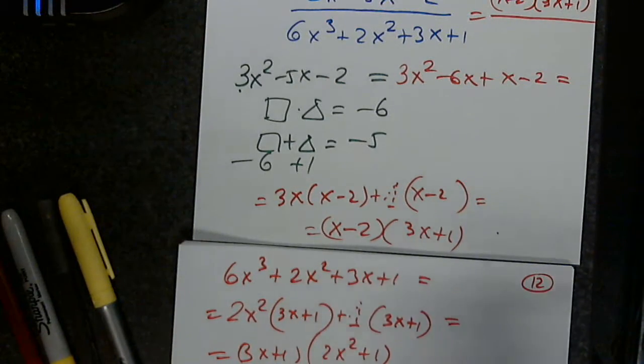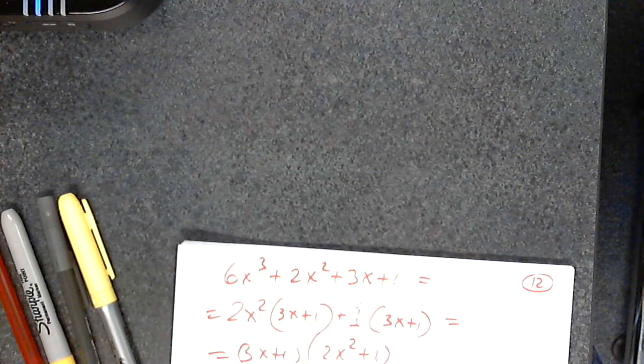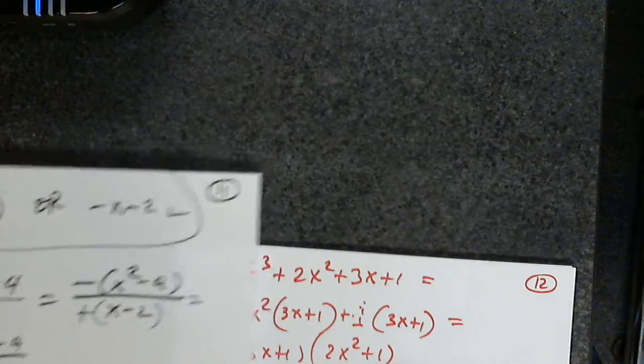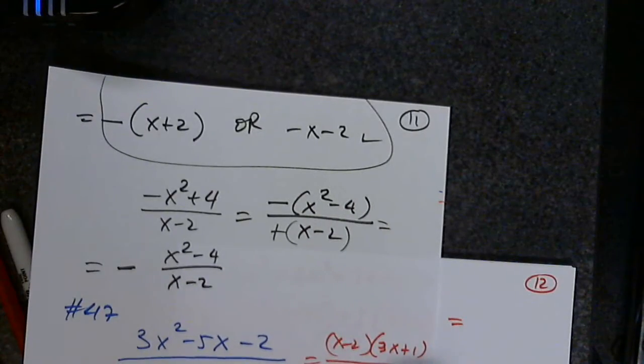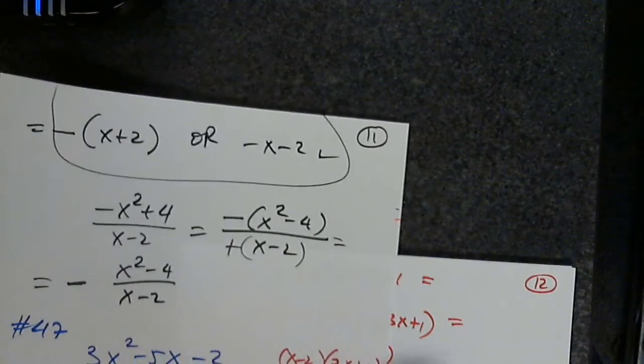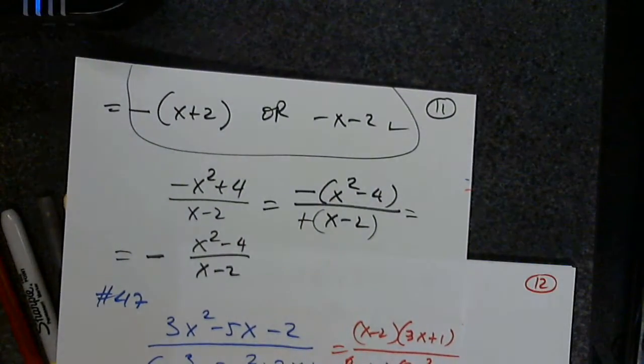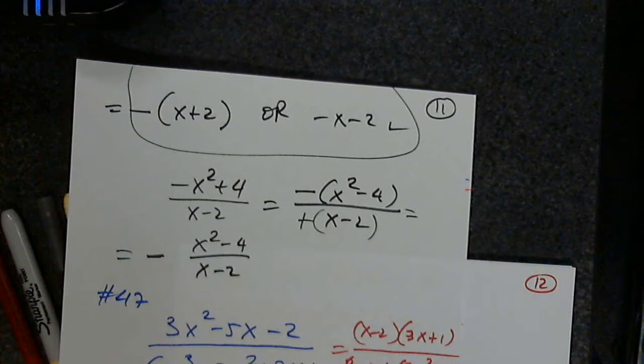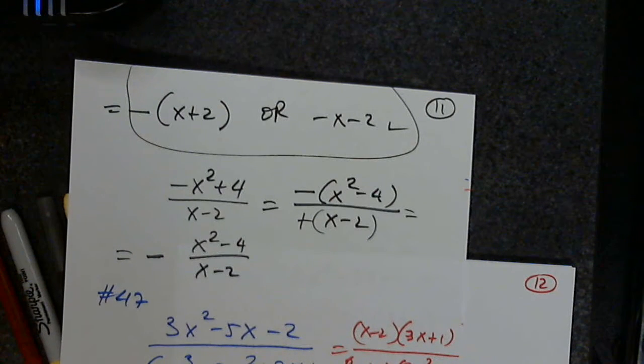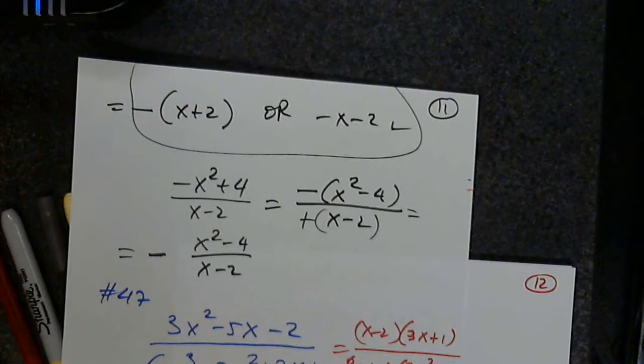Now I'm ready to come back to the original problem. Any questions on this? The original problem is here, so I have 3x plus 1 and 2x squared plus 1. Can anyone tell us the sign of this factor always? It's 2 times positive plus positive, so it's always positive.